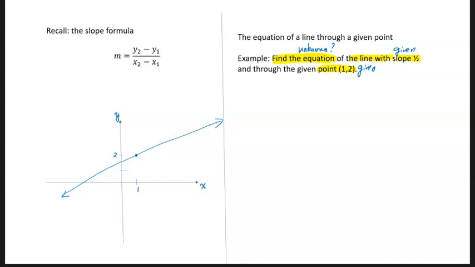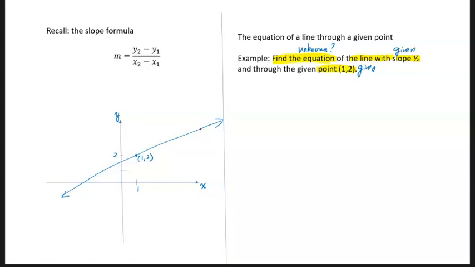And what I'm going to do is put the slope formula here because we're going to have a few formulas. Here we're going to talk about 2 formulas to help us solve for the line. The first formula comes from the slope formula. Again, this point is 1, 2. When we solve for the equation of a line, we know a line consists of infinitely many points.